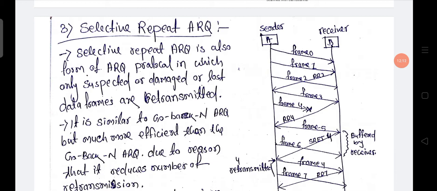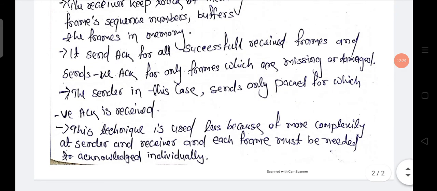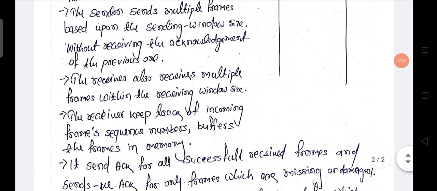Because of this difficulty, the hard process of individual acknowledgement, this technique is used very little.